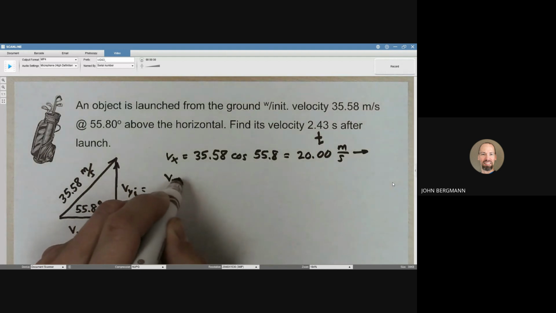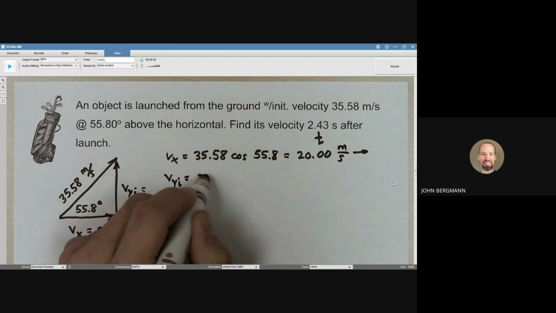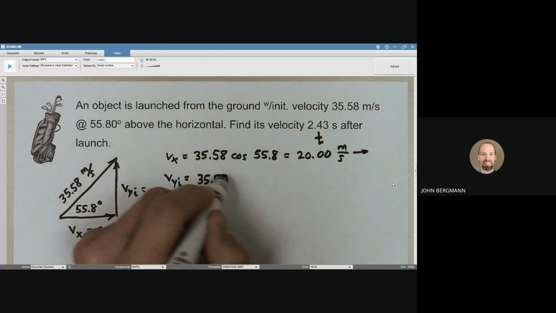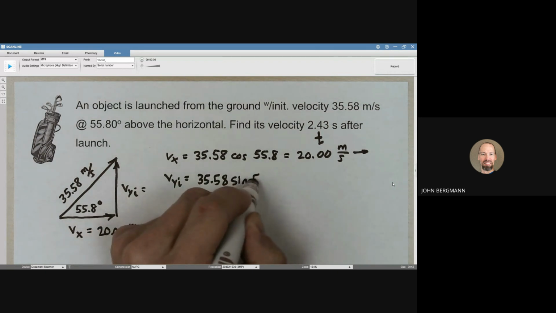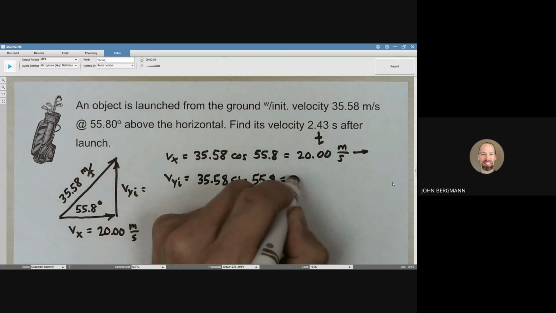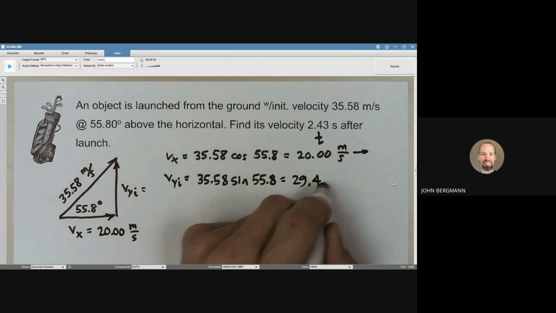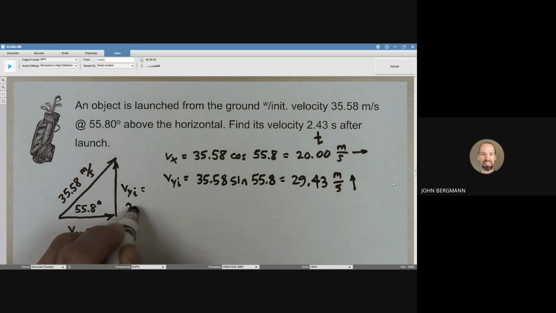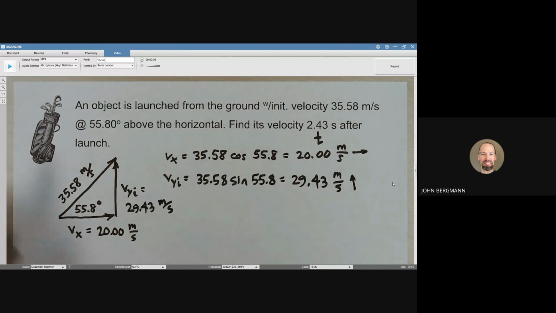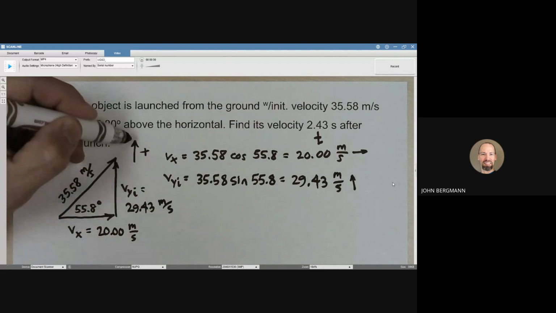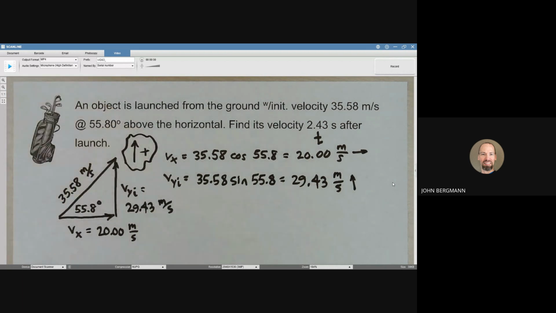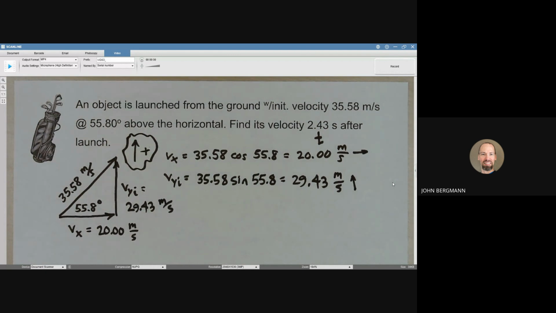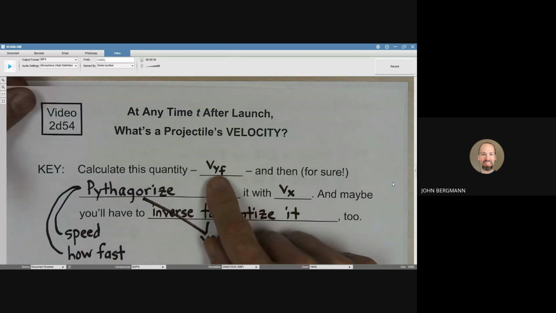Vy initial, again, we say initial because it's only good for that first instant. 35.58 times the sine of 55.8, and that came out to be 29.43 meters per second in the upward direction. I'm going to say that upward is positive, which means that 29.43 is positive, but my acceleration is going to be negative. So we have to determine Vy final.